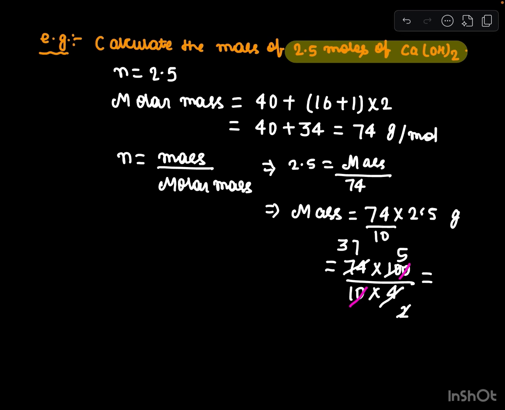So the mass of 2.5 moles of Ca(OH)2 is 185 gram.